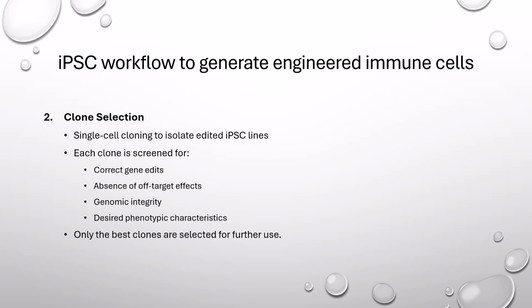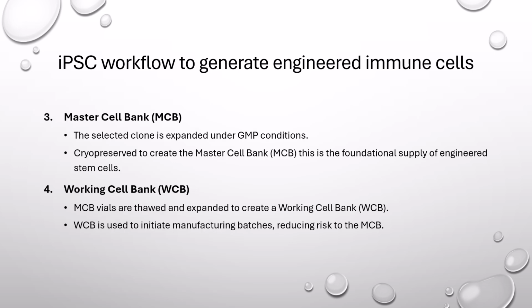So you want to select the best clone for further use, ultimately. So once you've successfully engineered your cell line, you've edited your T cells to express the desired transgenes, you've knocked out whatever unwanted genes, you've selected the best clone, etc.